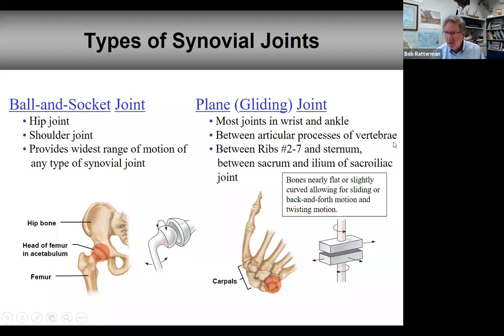And so here is what we're talking about, a plane or gliding joint between these pairs of ribs and the sternum, where the cartilage articulates with the rib as well as where it articulates with the sternum. We would have a plane or gliding movement.